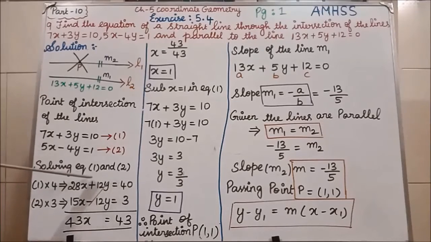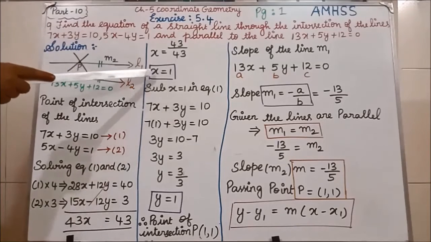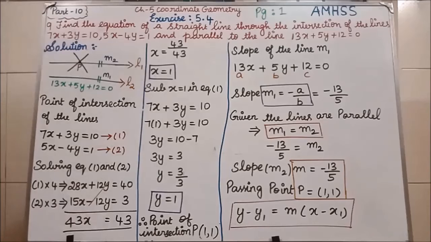Clear? Here plus 12y and minus 12y will get cancelled. Remaining, 28 plus 15 is 43, 40 plus 3 is 43. Okay, here x is equal to 43 by 43.